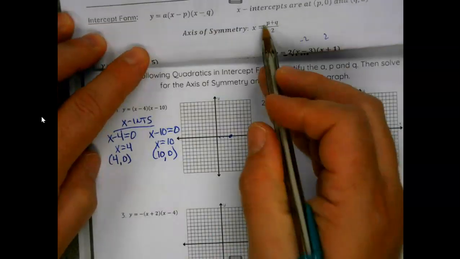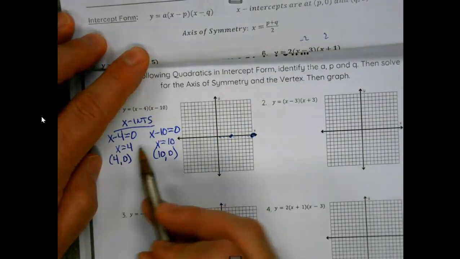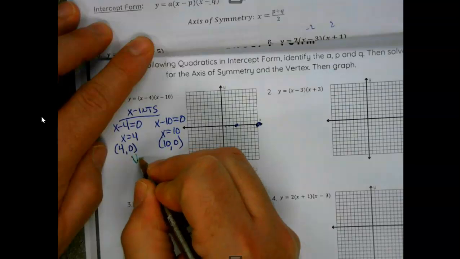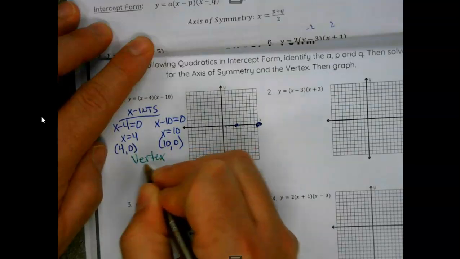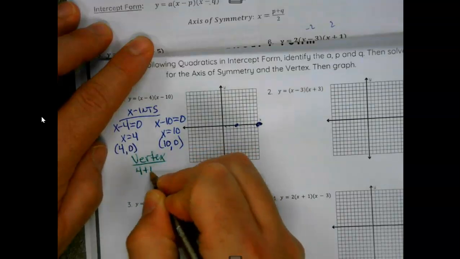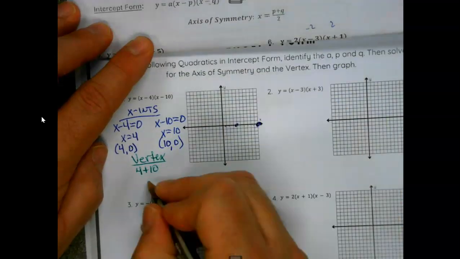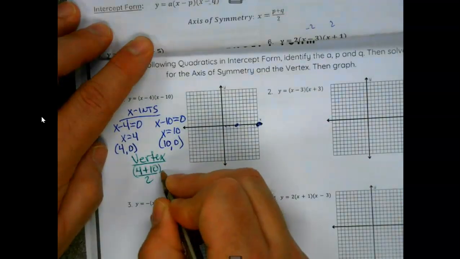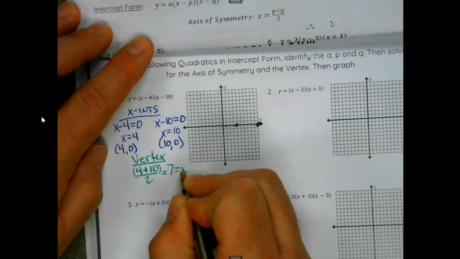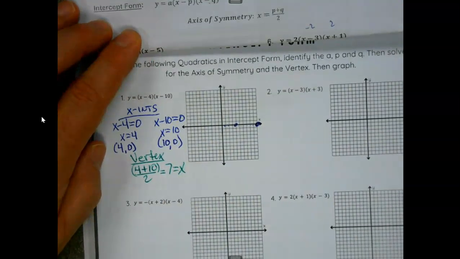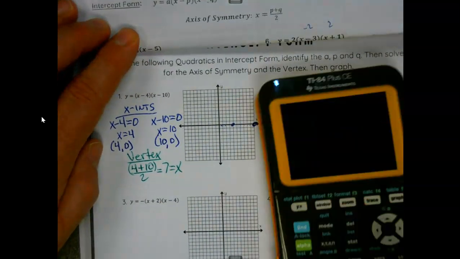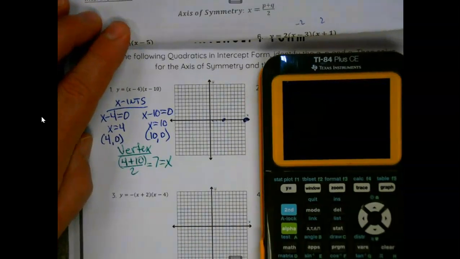I'm going to take the 2 answers I just got. So we'll just kind of make a note here. So we're going to do 4 plus 10 and divide by 2. That's going to get me the x value of my vertex. You probably know what we're going to do at this point.